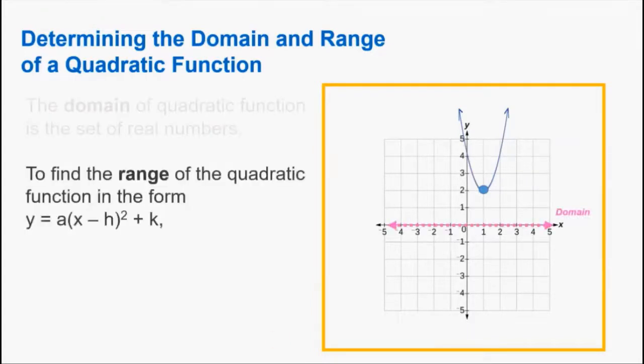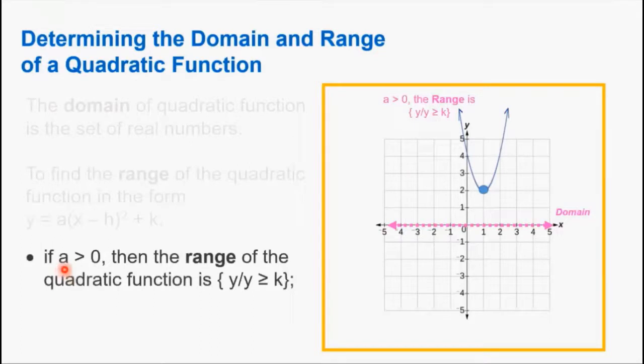To find the range of the quadratic function in the form y is equal to a times the quantity of x minus h squared plus k, if a is greater than 0, then the range of the quadratic function is the set of all y where y is greater than or equal to k, na kung saan ang mga values ay equal or higit pa sa value ng k. Ito yun. So kapag ang a daw is greater than 0, ito ang range.